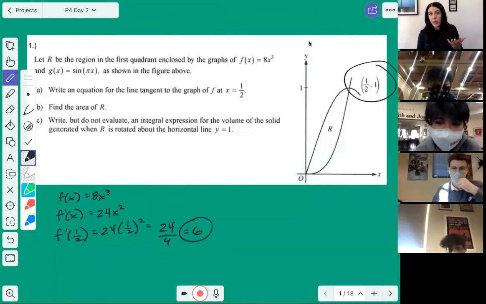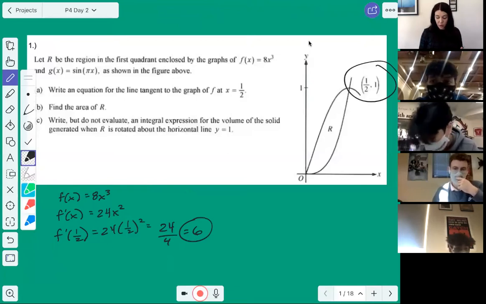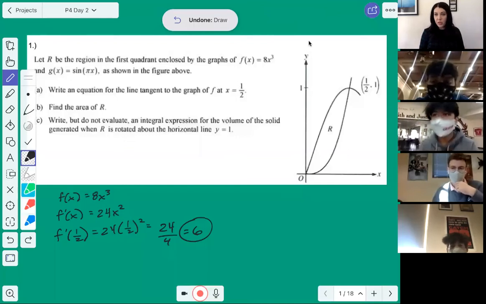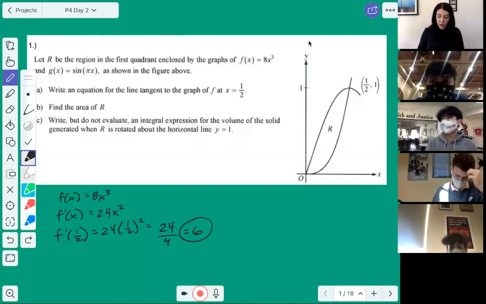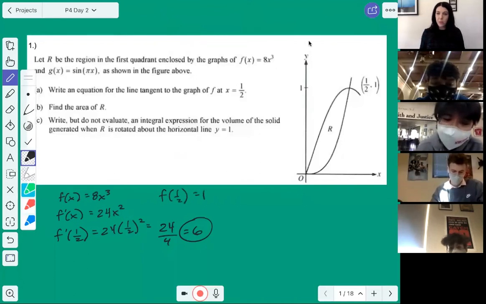So it's not wrong to include it, but you don't have to. Any information that's already provided to you, you don't have to show finding. Because that point is already provided, we don't have to find it, but again, it's not wrong if you did. It's good practice in general to make sure you're finding those points. Okay, so we know that f of 1/2 is equal to 1. That is provided to us, or we could solve for that.